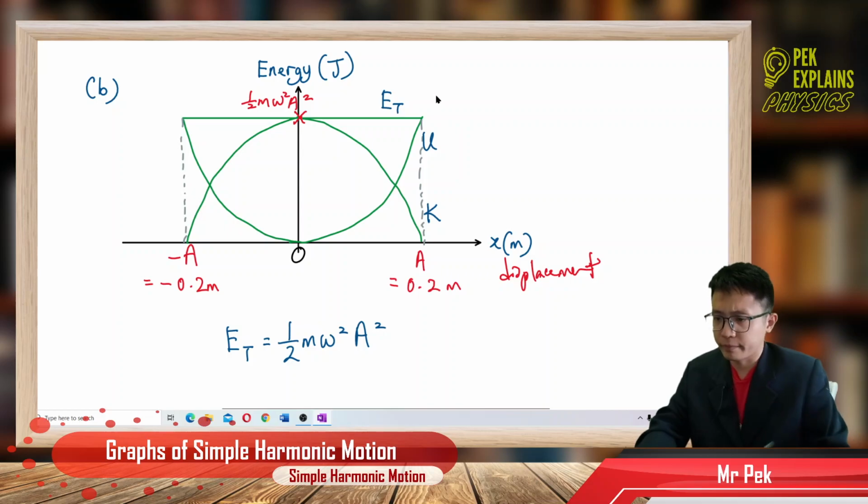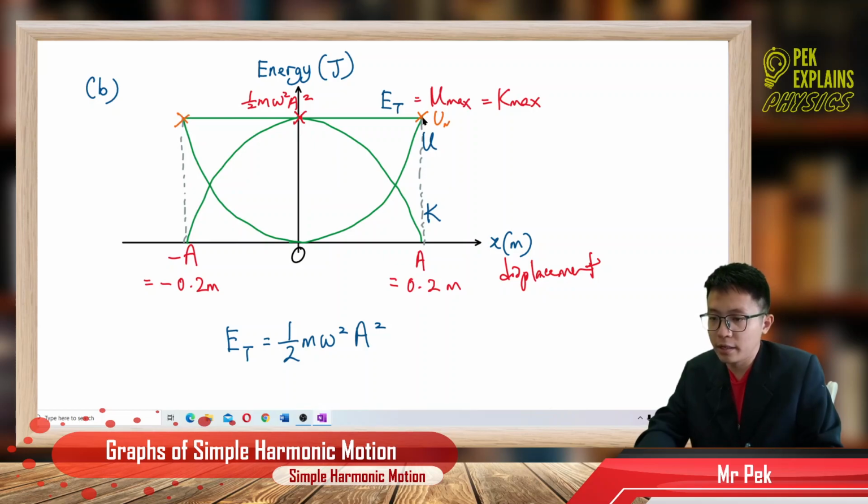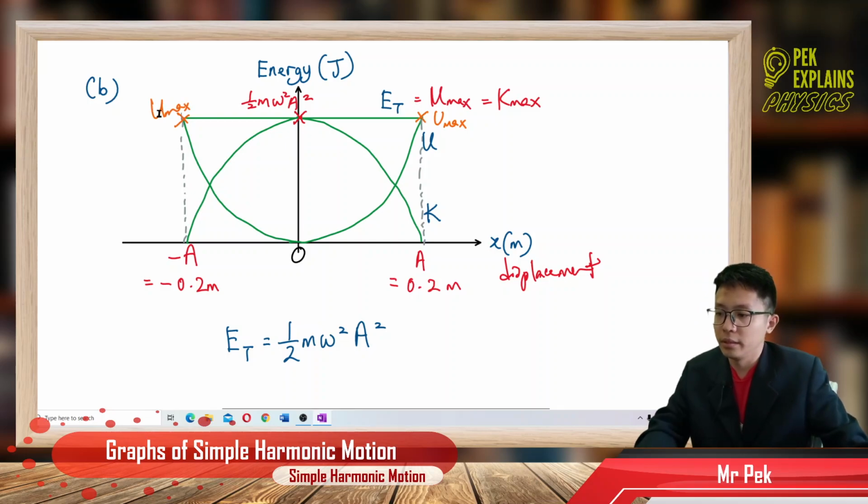The total energy is also equal to U maximum and also equal to K maximum. When U is maximum, it is equal to half m omega squared A squared.